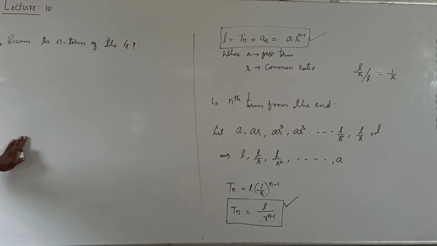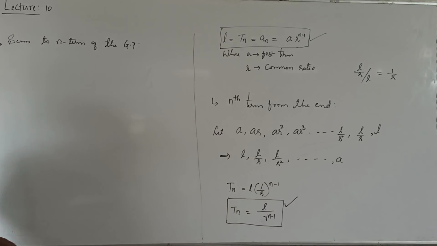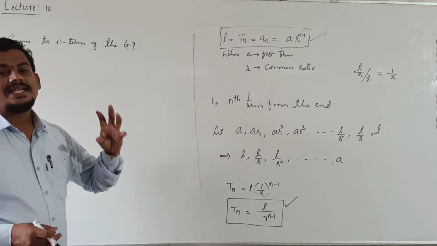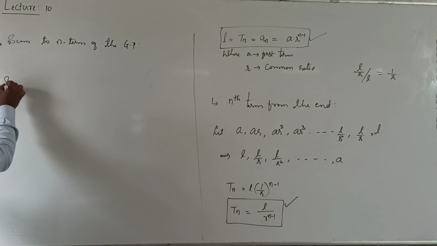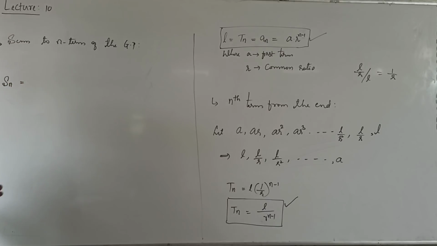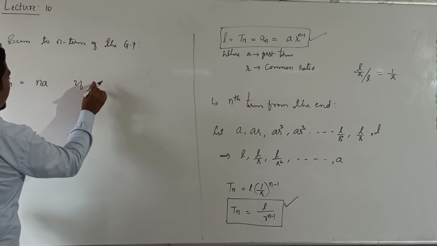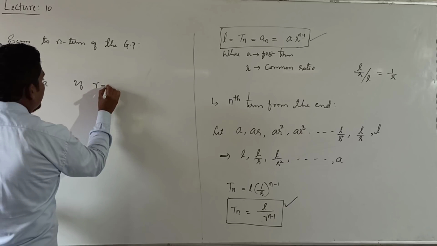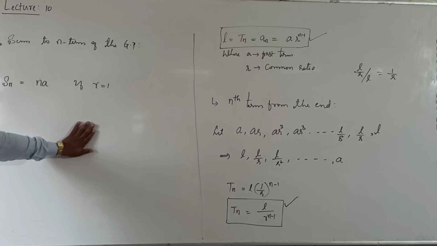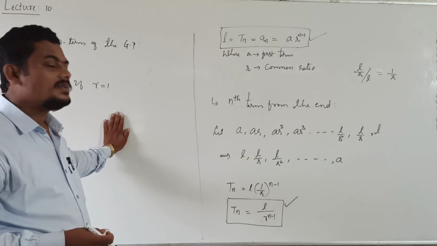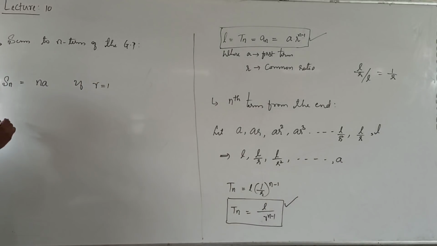I will write the sum to n terms formula directly. Sn is equal to na. This is when R value, common ratio, is equal to 1. N into A gives sum of first n terms of the GP when R is equal to 1. This is the formula.